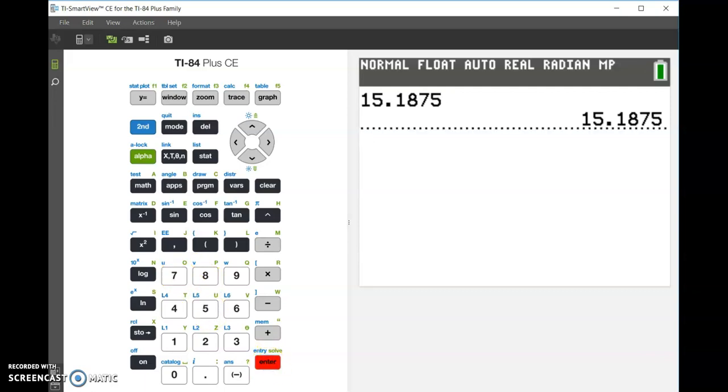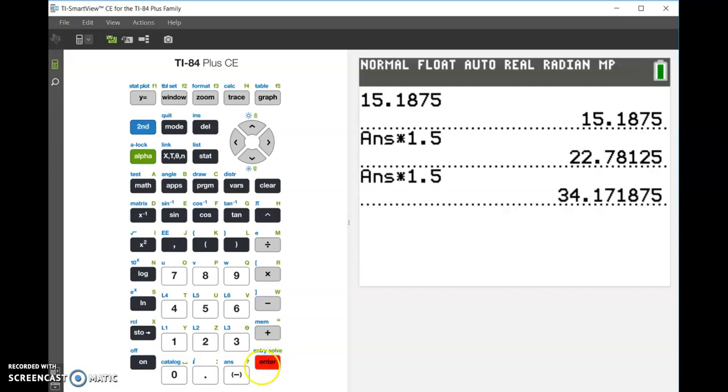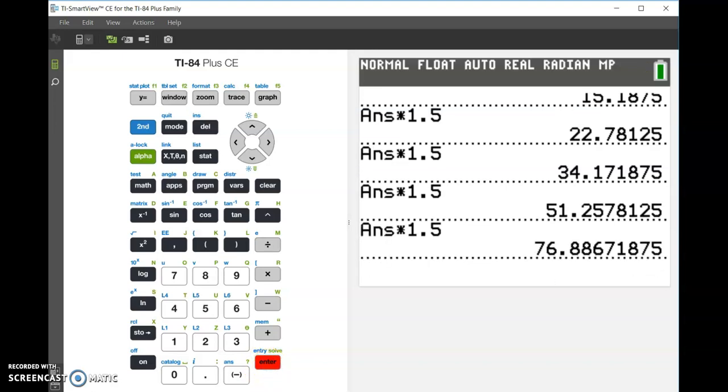And because this is geometric, I'm multiplying, so I'm going to multiply by 1.5, and that gets me a sub 8, and then hit enter again. A sub 9, a sub 10, a sub 11. So then you can write your answer as 76.89 if you round to the nearest hundredth.